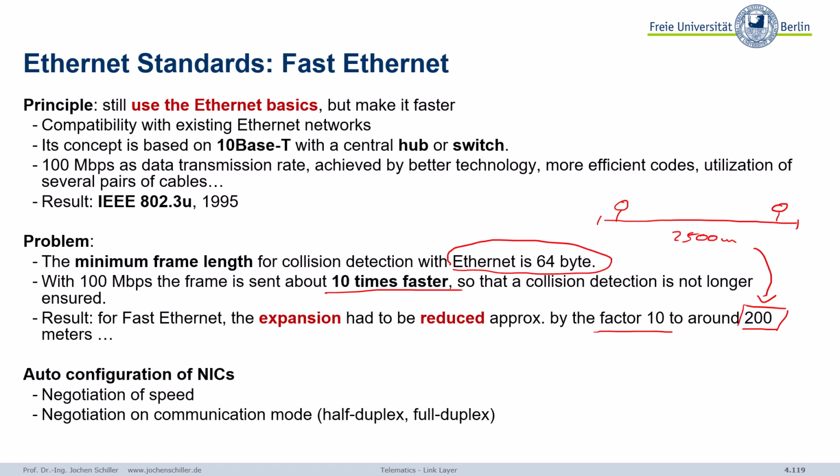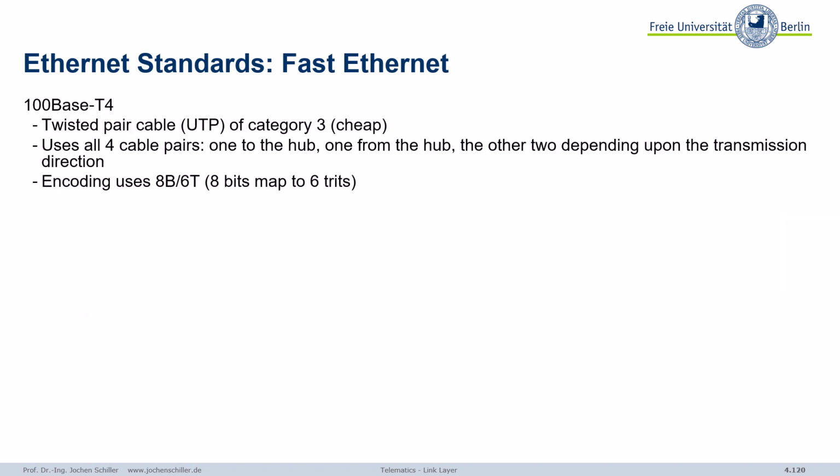Auto configuration was introduced, so negotiation of the speed, either 10 or 100. This can be done automatically. Also, half duplex or full duplex, how we use our wires. So Fast Ethernet comes with different types of cabling. One quite common one was twisted pair, category 3, relatively cheap, using all the cable pairs.